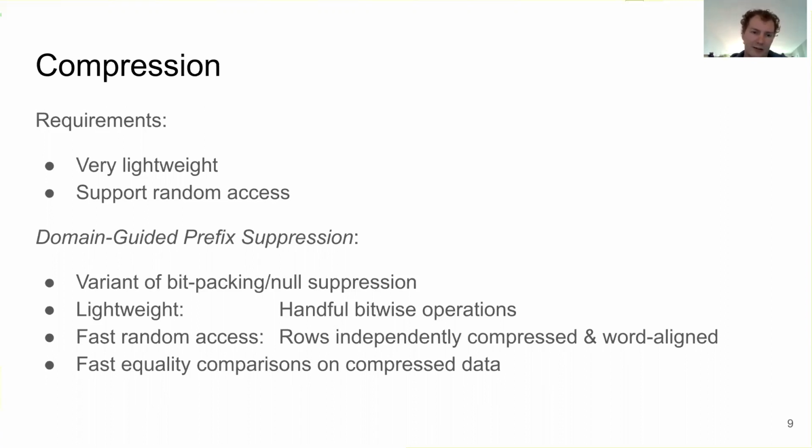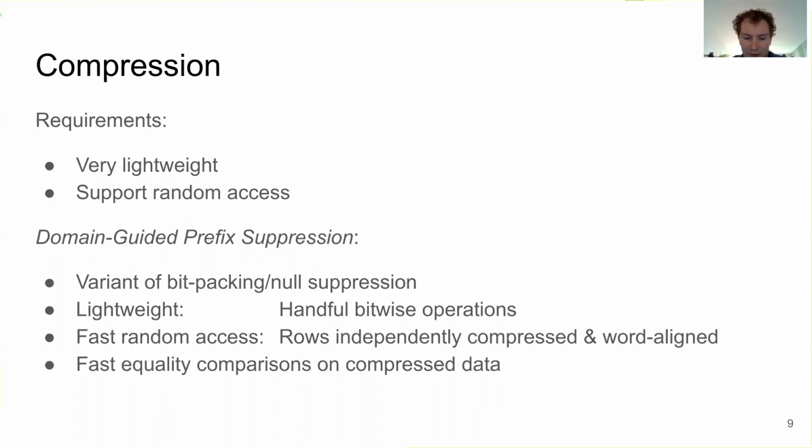And that's where our domain-guided prefix suppression comes into play. It's basically a variant of bit packing, which is itself very lightweight. And in addition to that, we also optimize the technique for efficient random access. So basically rows are independently compressed.